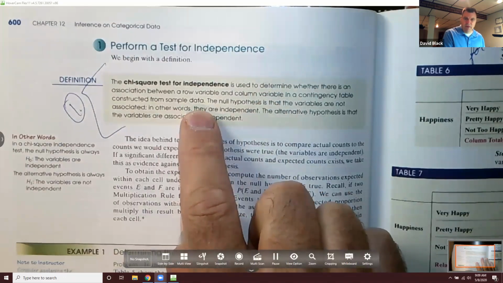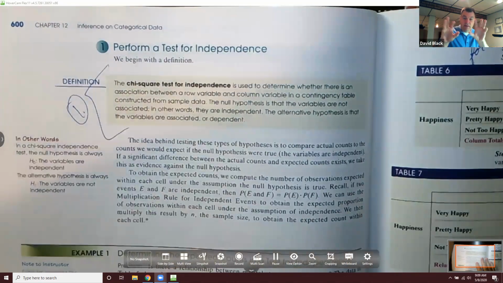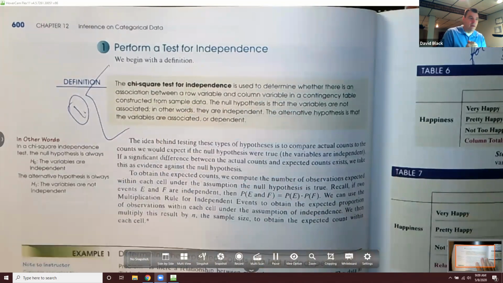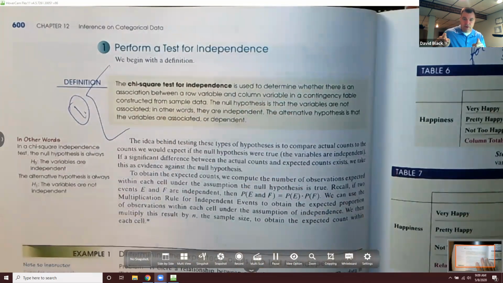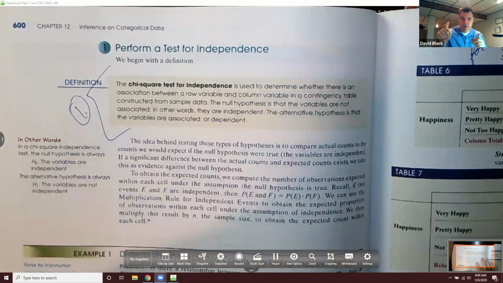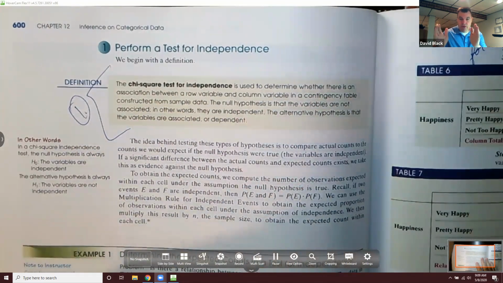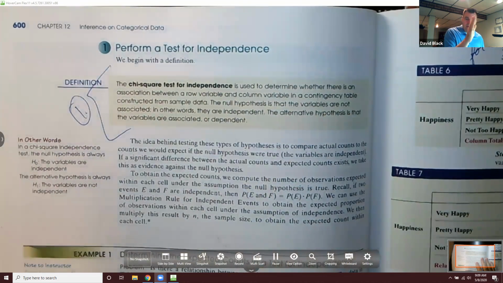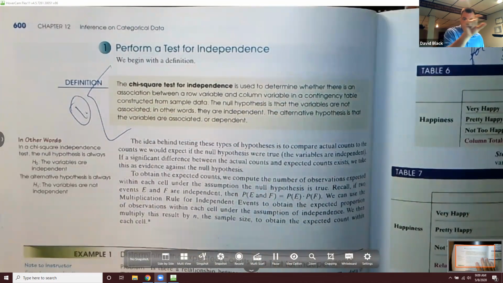What does that mean? It means we're going to put our data in a table, okay? And we're going to relate together two variables, like I might relate together age and blood pressure, and see if those two variables are independent or not. So I might have 20s, 30s, 40s, 50s across the top of my table.